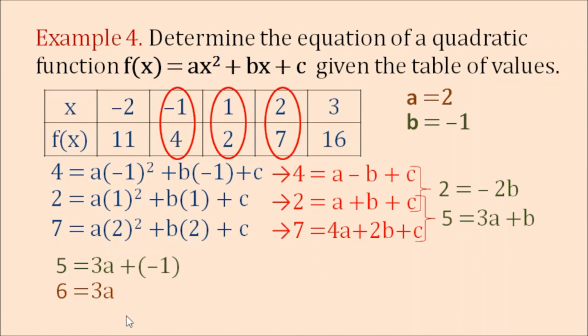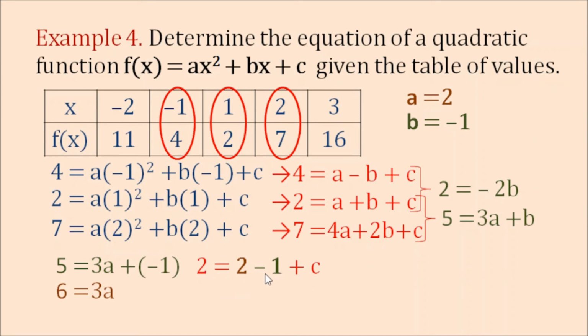Now how about c? We can use any of these equations here to find c because we already know the values of a and b. And for example, we are going to use the second equation. That means 2 equals, a is 2 and b is negative 1, so 2 minus 1 plus c.